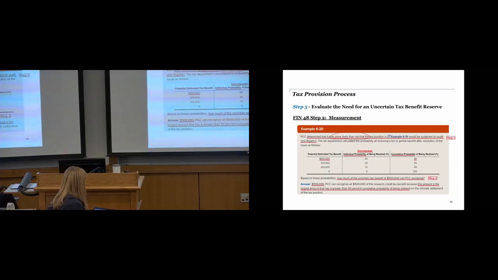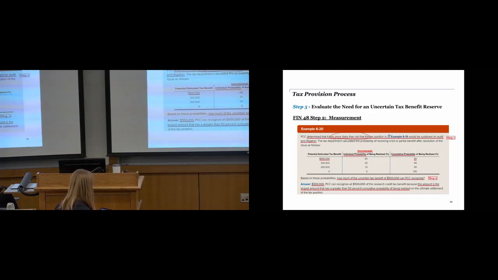That's our step one, right? So we got in the door, we think we're more than 50%, and we're going to win on this issue. And then the tax department calculated the probability of receiving a full or partial benefit after resolution of the issue as follows. And then it goes through the table of the potential estimated tax benefit, the incremental individual probability of being realized, and the cumulative probability of being realized.